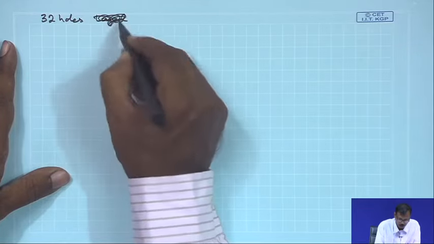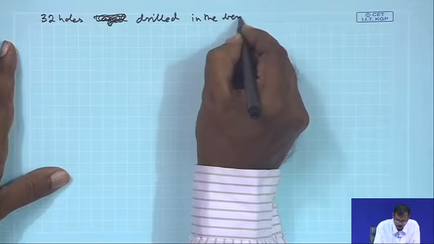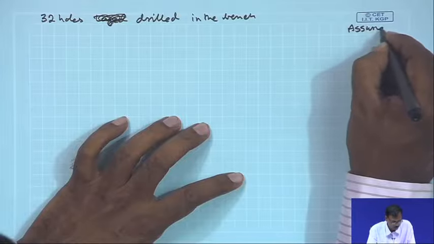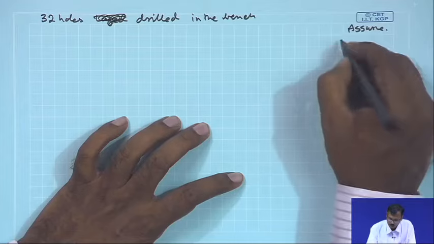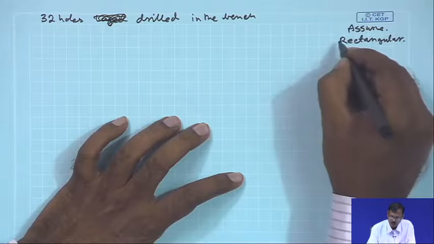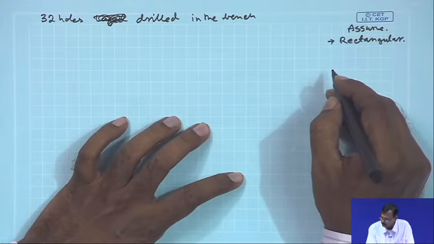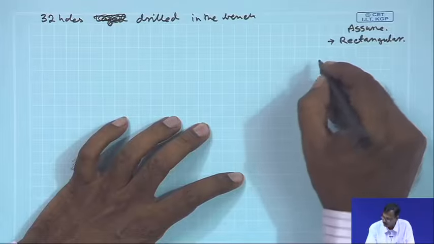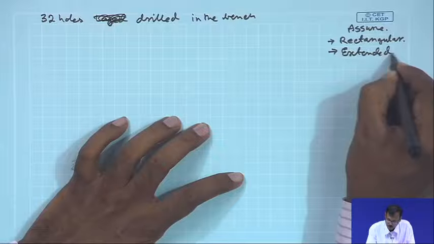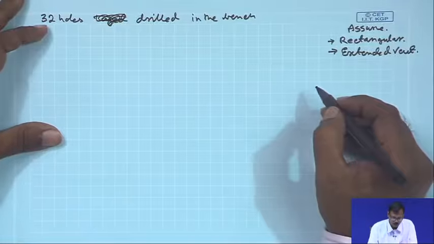Let us assume, first, that the drilling is rectangular, and second, as per the question, it must be an extended V cut blasting.